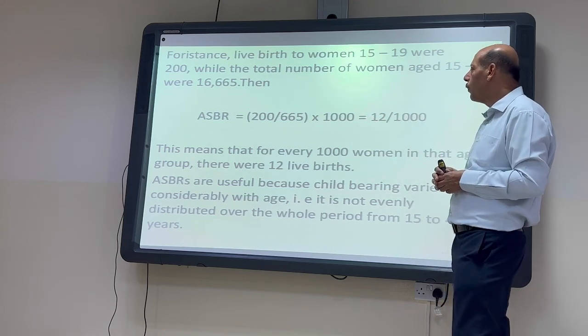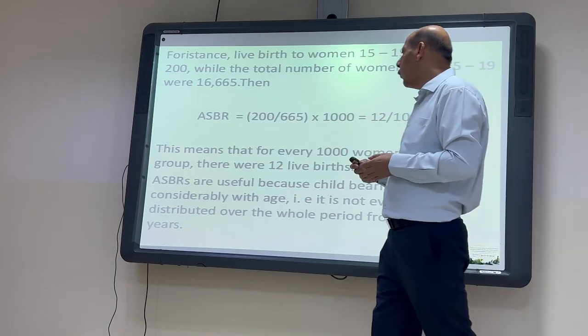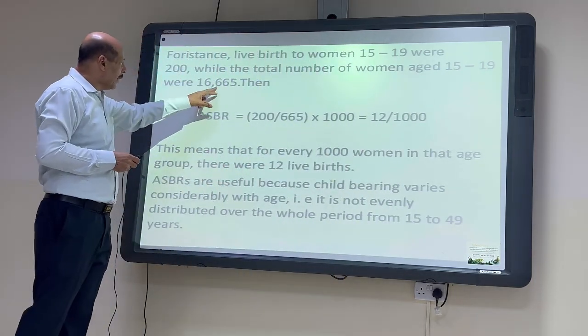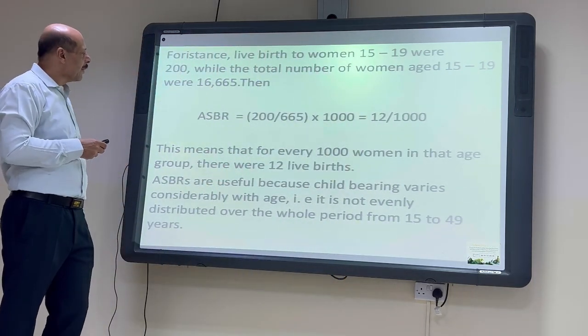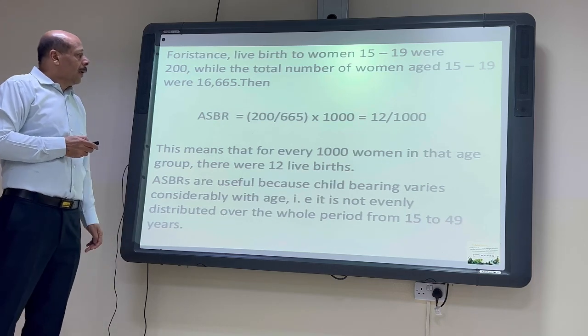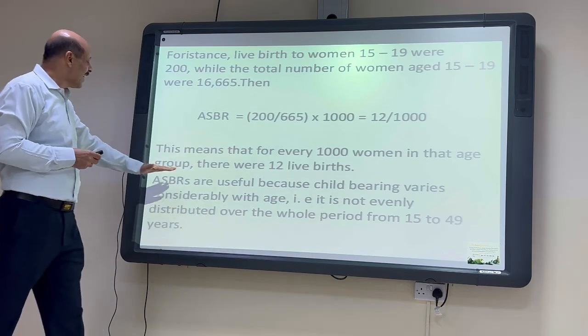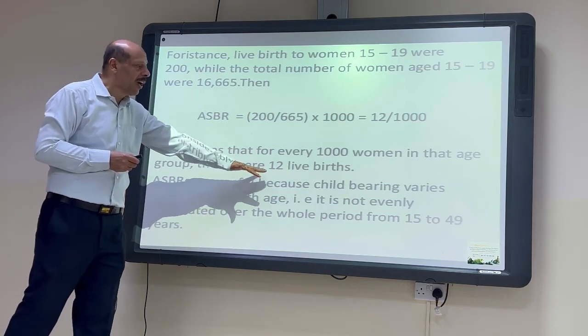So it will be 12 per 1,000. There is some wrong number here. This means that for every 1,000 women in that age group, there were 12 live births.